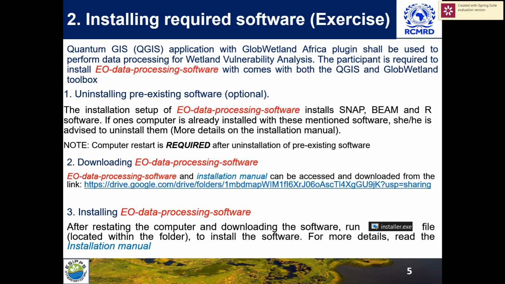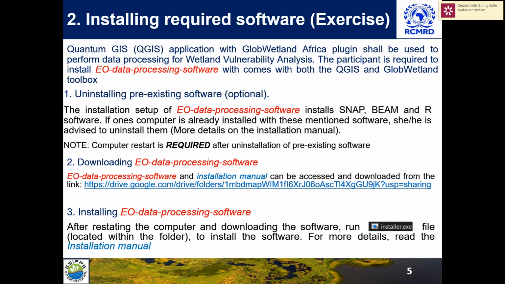So in the second part, we will conduct an exercise where we'll be able to install the data processing software. Now, this data processing software is an output of a project called the Globe Wetland Africa.